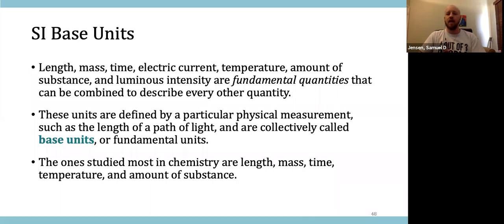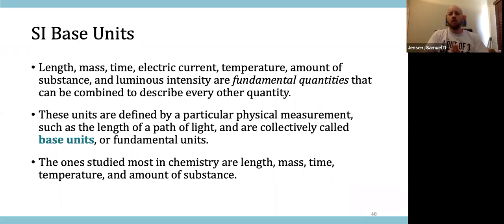It is not like in the US units where there are 12 inches in a foot and 16 ounces in a pound. 12 and 16 are not the same if I change from length to weight. Whereas if I go from a kilogram to a gram, in 1 kilogram there's 1,000 grams. In 1 liter, there's 1,000 milliliters.